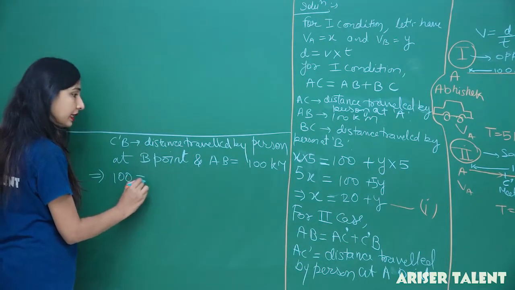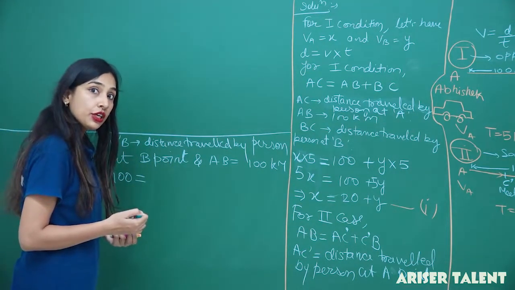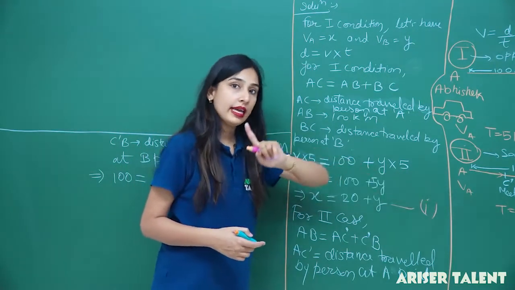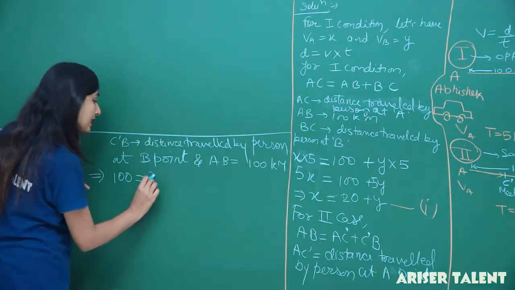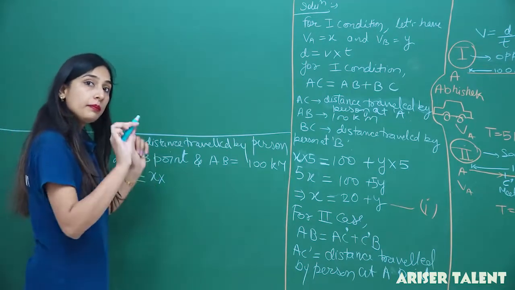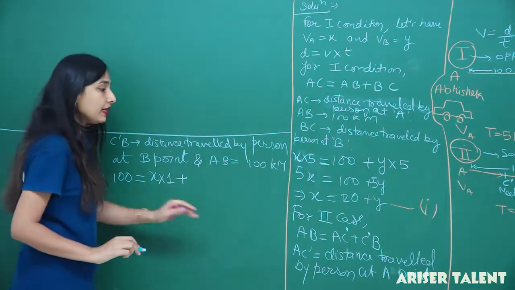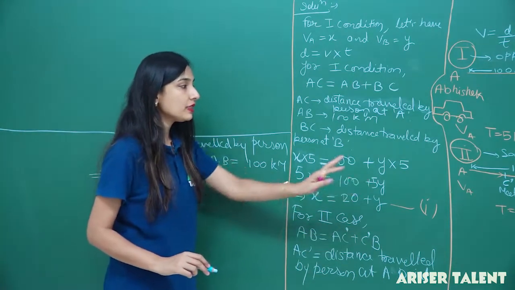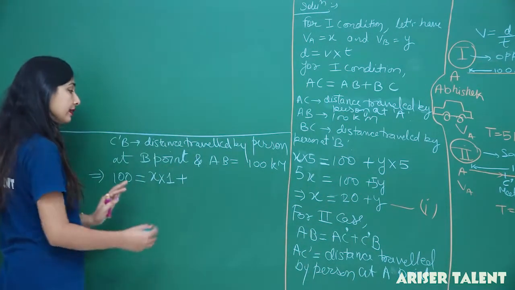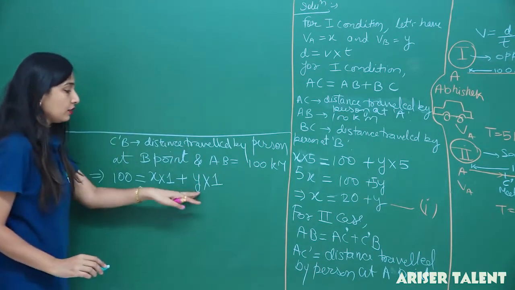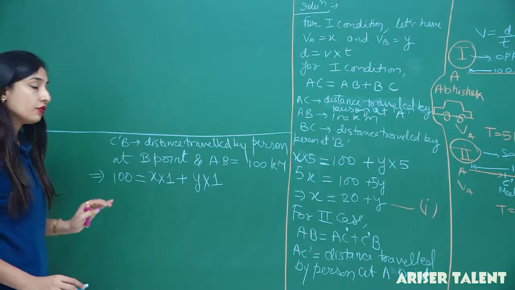AB equals 100 equals AC dash plus C dash B. Now the speed of Abhishek is x, we have assumed. So simply x multiplied by time 1 hour, plus C dash B is about Aditya. Aditya has speed y and the time taken is 1.